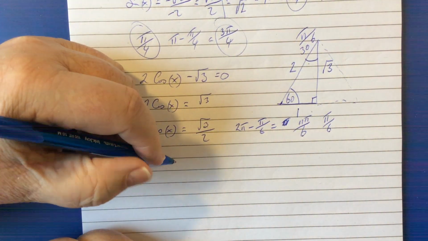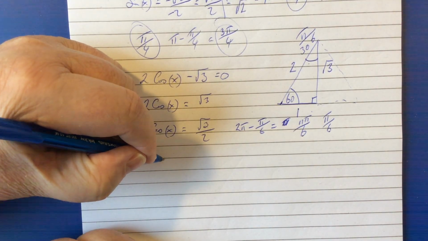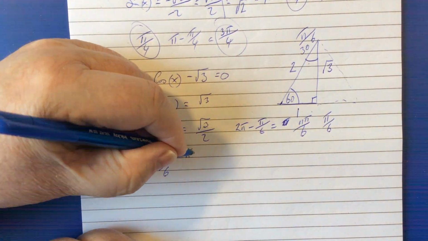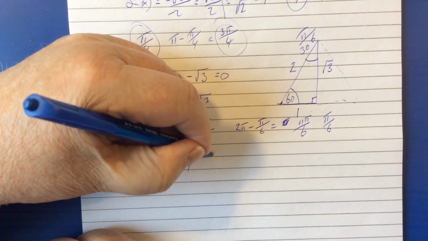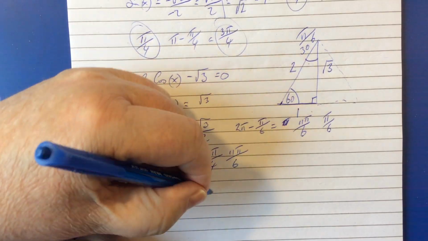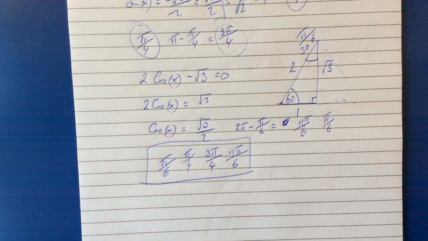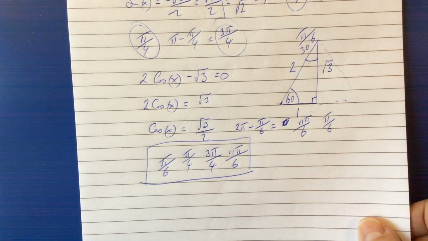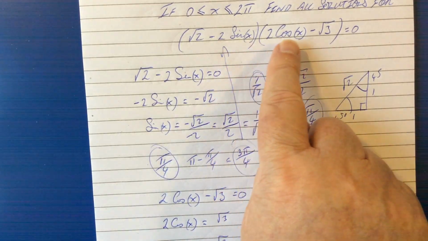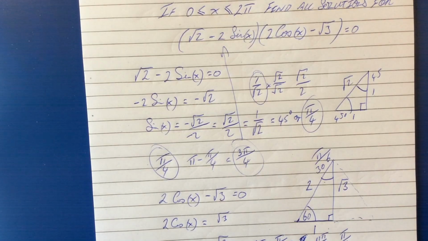So our answers, the solutions for this, are pi on 6, then pi on 4, then 3 pi on 4, and then 11 pi on 6. Those are the values of pi, or the angles that will make these cosines, or the cosine and the sine, in these brackets, render these brackets to 0. That's the answer.